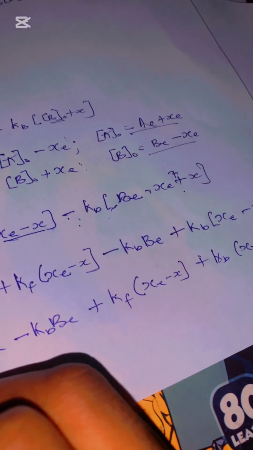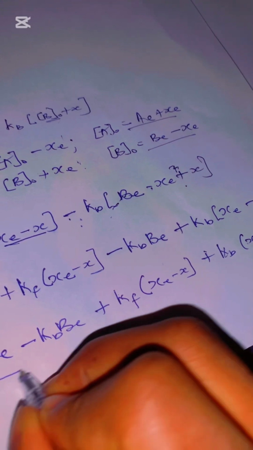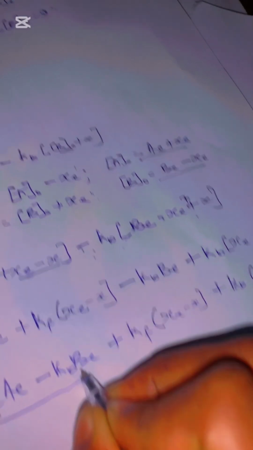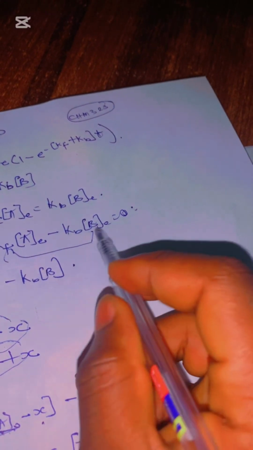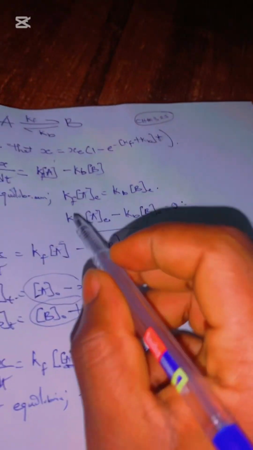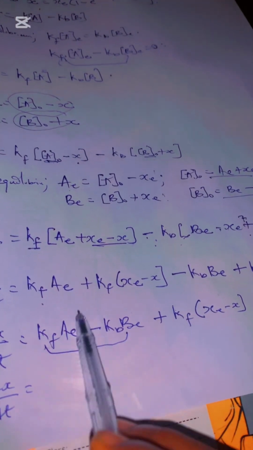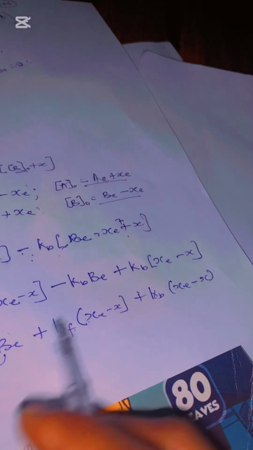Now let's see. So we have dx over dt now to be equals to, look at kf ae minus kb be. Let's check up here. Kf ae minus kb be, what did it give us? Give us 0. So these two things will automatically give us 0. So we are eliminating this out. What we are working with now will now be these two things.